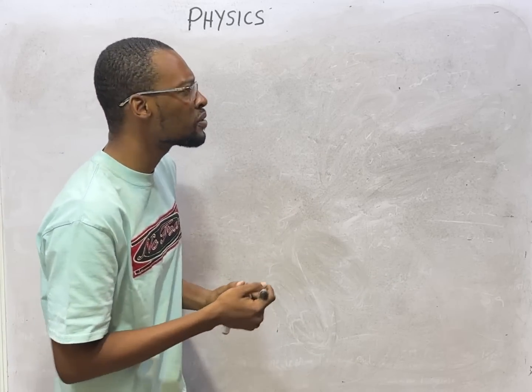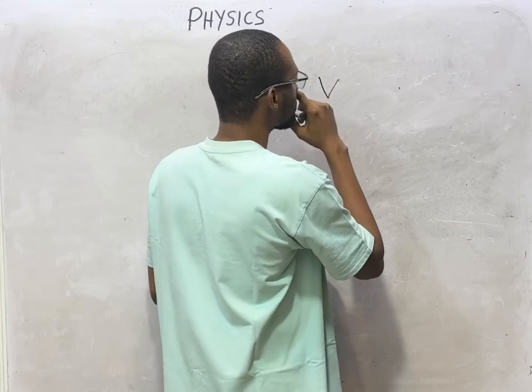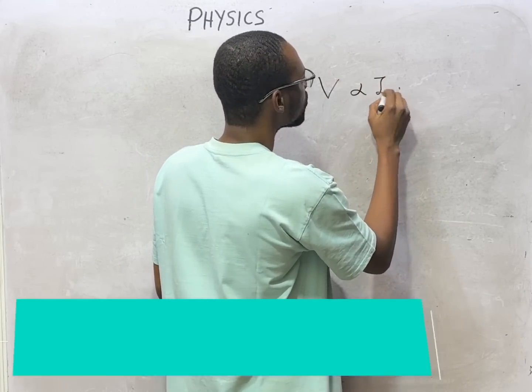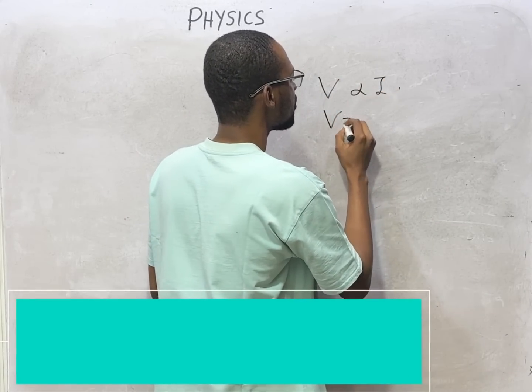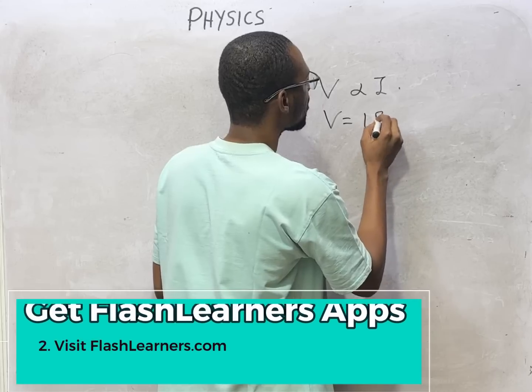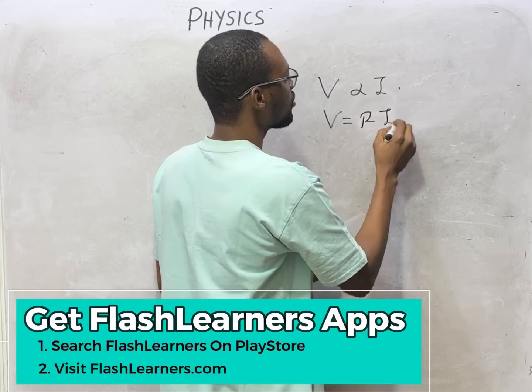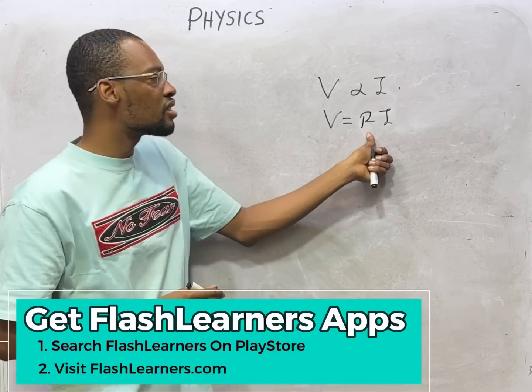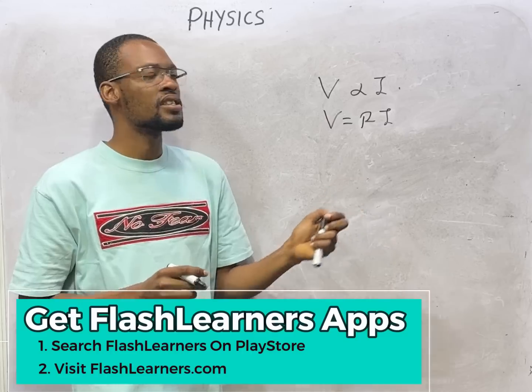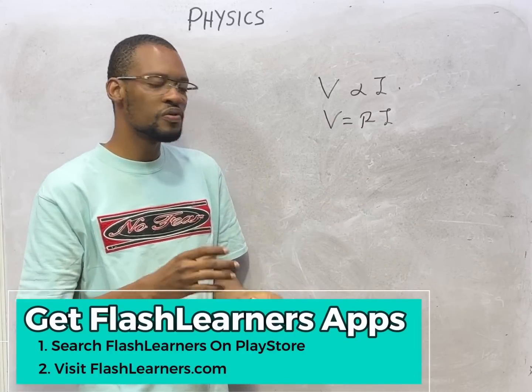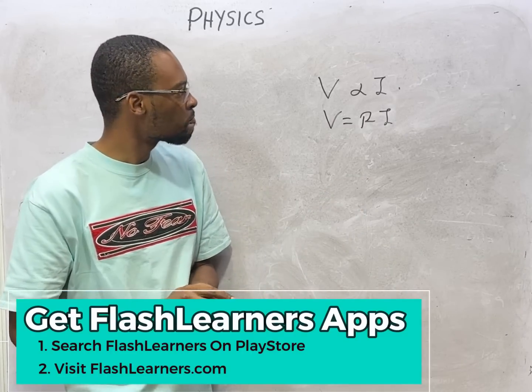So the summary of Ohm's Law is that voltage is proportional to current and V equals IR. The resistance is the constant. And what is resistance? It is the opposition to the flow of current.